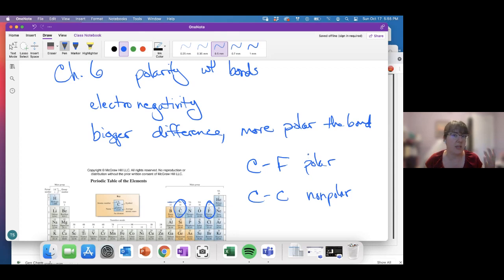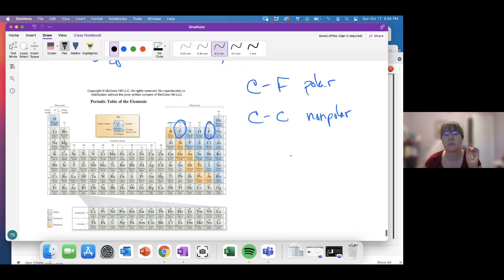As we move forward into polarity and look at molecules overall, there are really 2 times you are going to say not polar, no way, no how. As far as bonds, because this is all bonds so far, we're talking about a nonpolar bond.